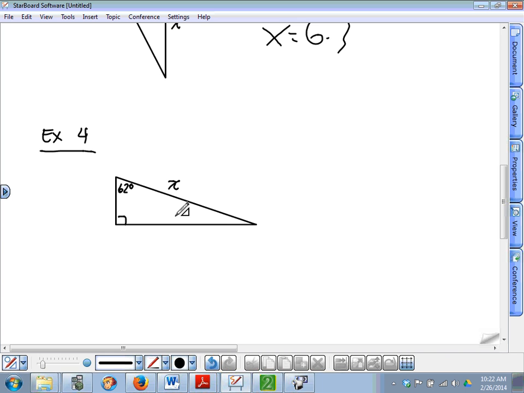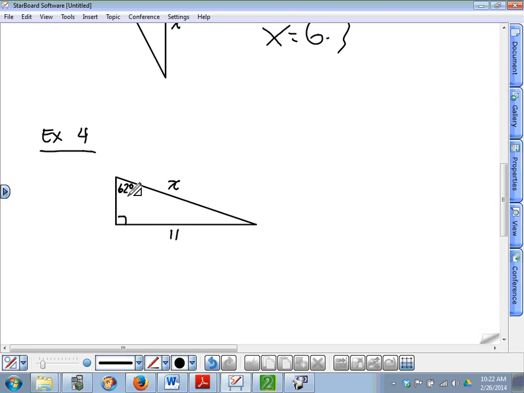We don't know the hypotenuse, but we know this side over here is 11. It's the same steps, but for some reason, students mess up on a problem like this. It's no different. Step 1 is to choose the trig function. Sin.